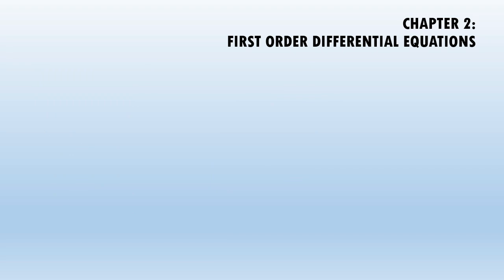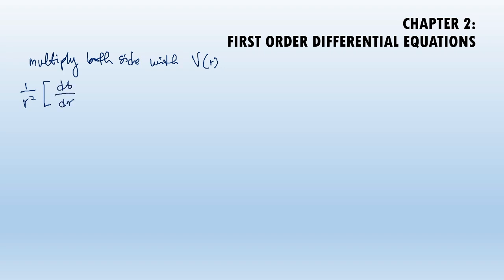After that, we multiply both sides with the integrating factor. So we have 1 over r squared times, on the left side, dt over dr minus 2 over r t, and on the right side is negative 1.